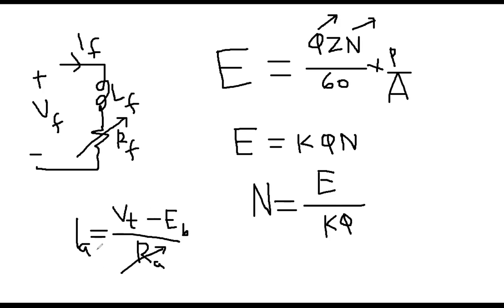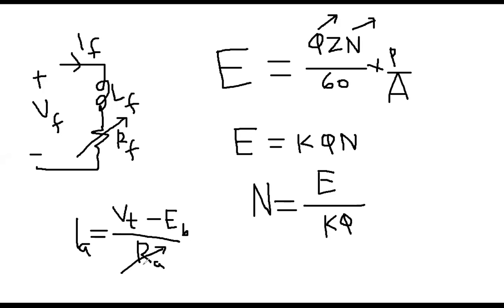If the armature current is different, then the armature flux developed in the armature coil will also change. Consequently, the developed torque will change, and that will control the speed. So you can control the speed by controlling the armature resistance. This is the number 2 point. And then the third point is armature voltage control.